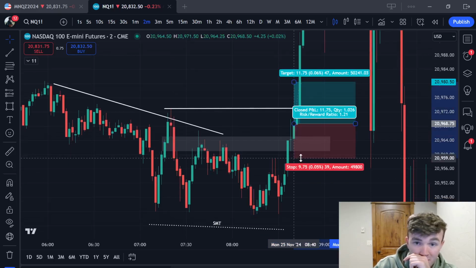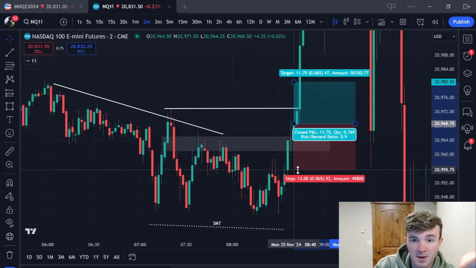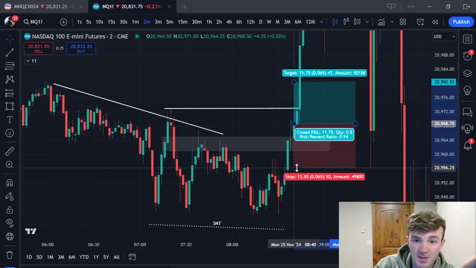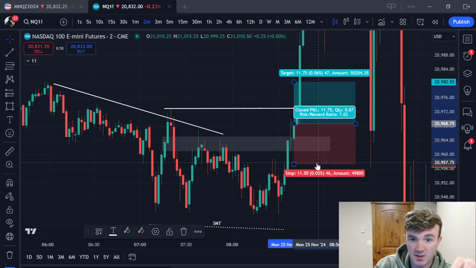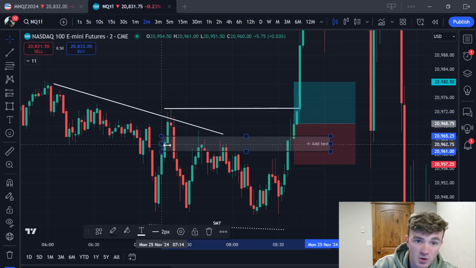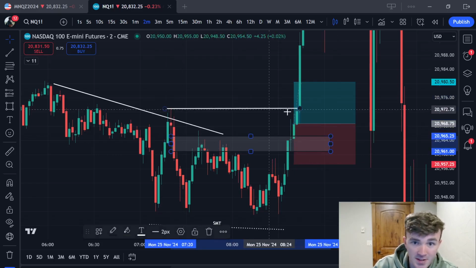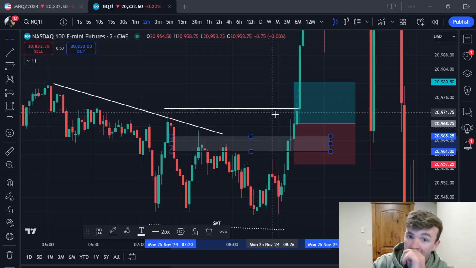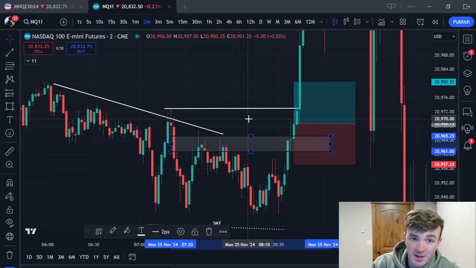So my stop loss would really be right here, but my hard stop loss would be a little bit lower. But the idea is once this closes back below, then I would get out. So it would be about a 1-to-1 risk reward trade.